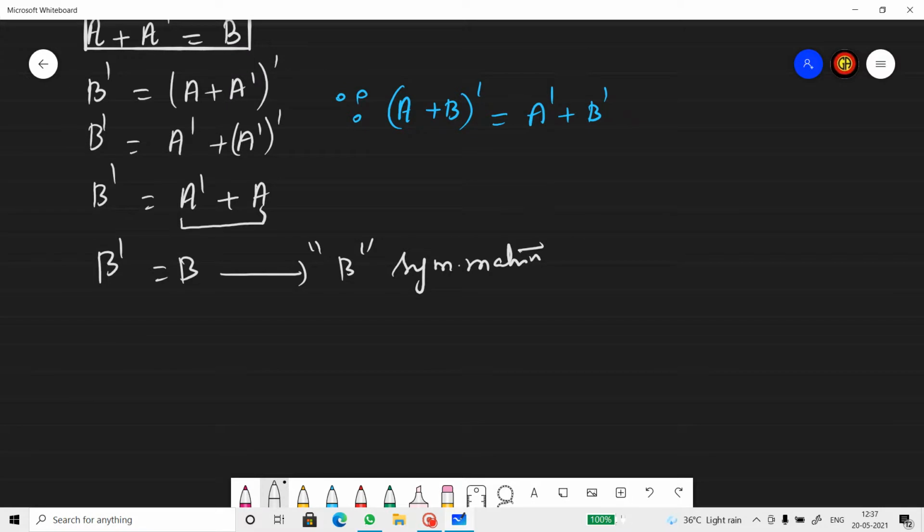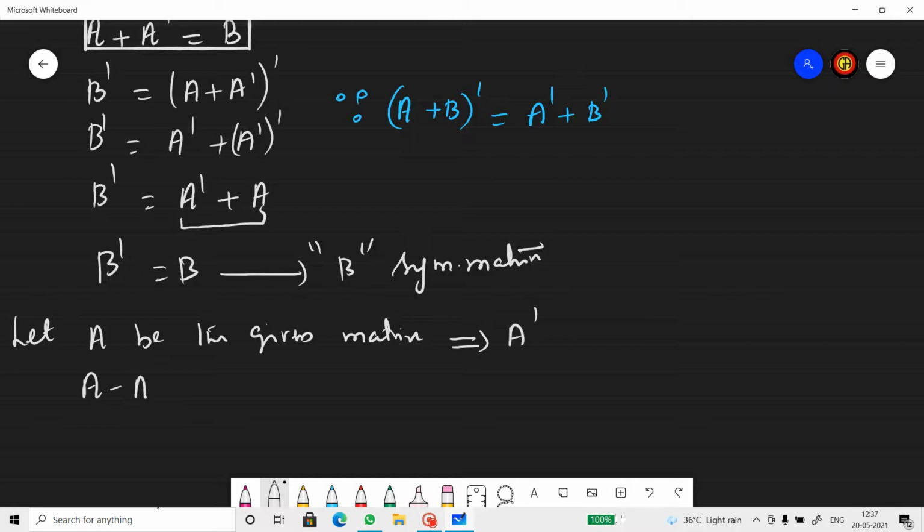Now, again, let A be the given matrix. Using A, we find A transpose. Now let's do A minus A transpose and consider the new matrix that we get by subtracting A transpose from A as the C matrix.